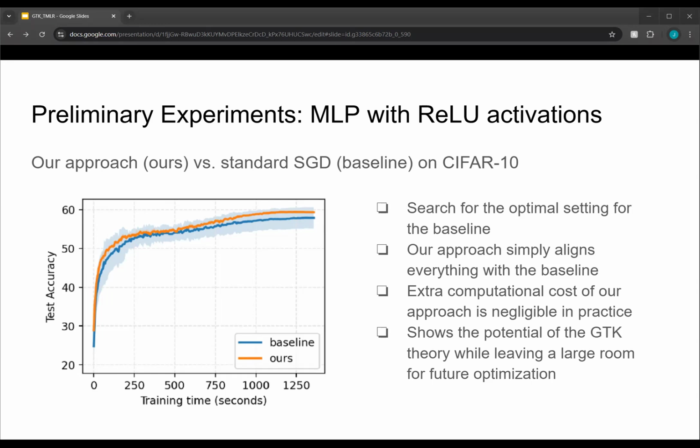It is also worth noting that the extra computational cost introduced by our approach, as shown in the plot, is negligible in practice. While our experiments are still preliminary, it shows the potential of the GTK theory while leaving a large room for practical optimization for future work.